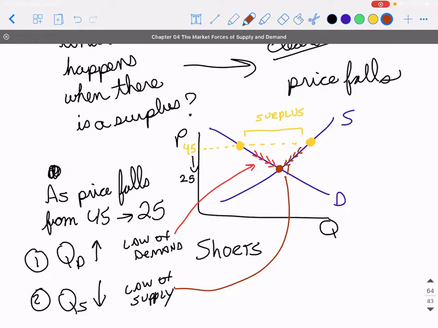What is beautiful about this picture is that it basically means that this is why markets are so great, because we don't have to worry about markets only acting in the best interest of buyers or sellers. In fact, you basically could look at the price of $45 and say, dude, something is screwed up.